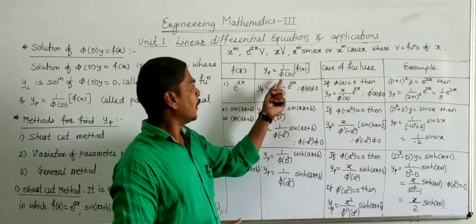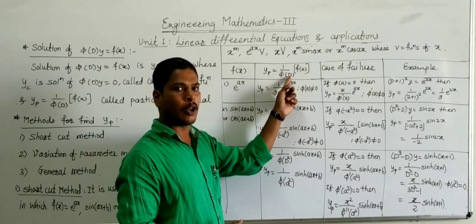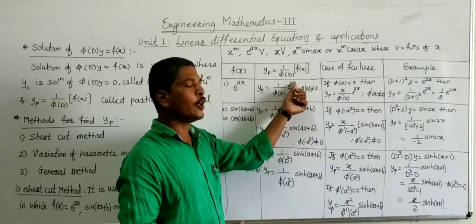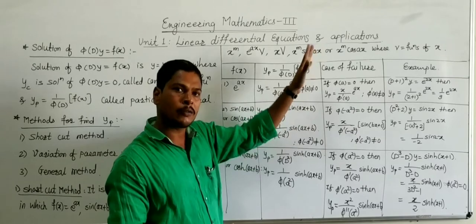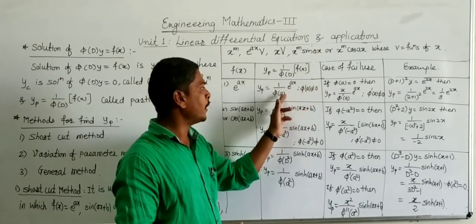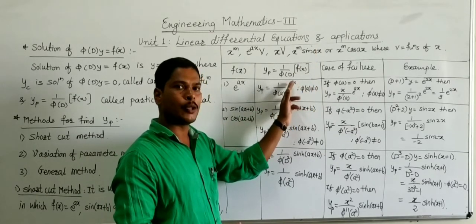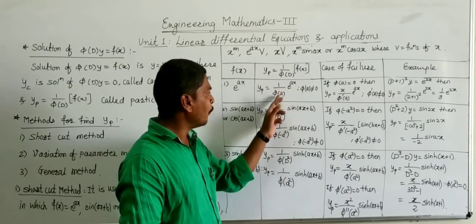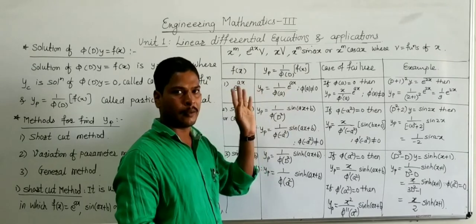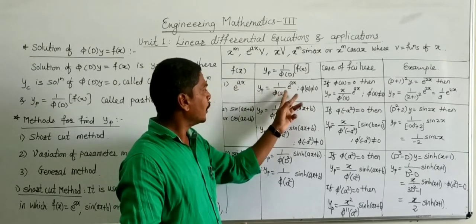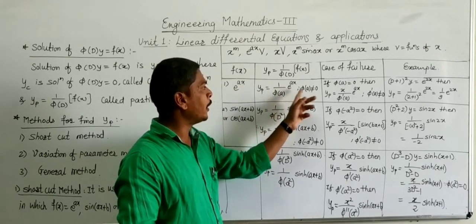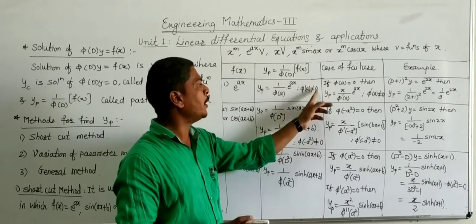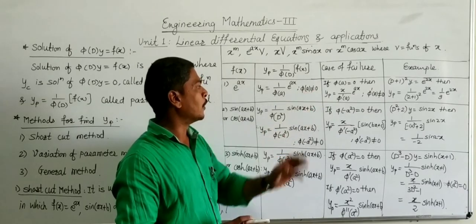That means in our polynomial of D, we just replace D by the coefficient of x, which is in the power of the exponential function, everywhere in our polynomial of D. And the condition is that this phi(a) must be non-zero.